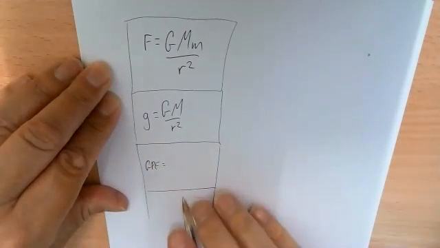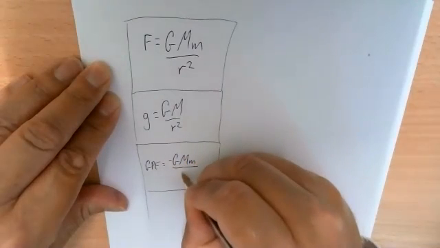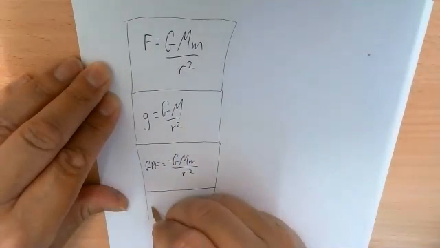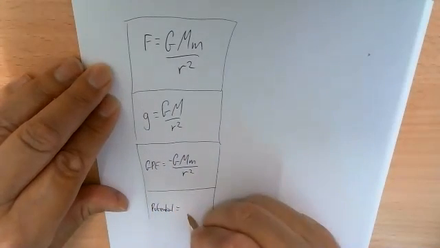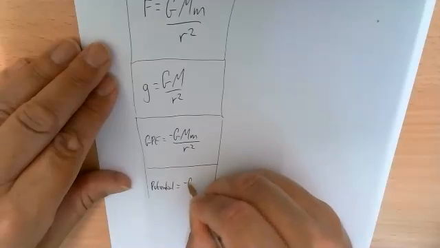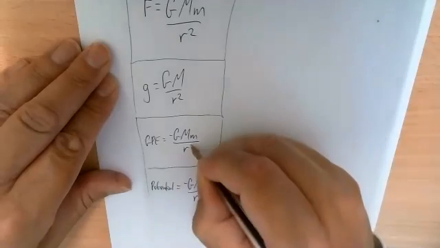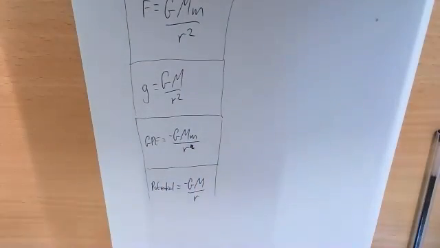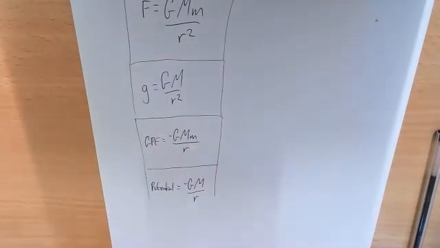The next one that we did earlier on in the week was the gravitational potential energy. That's taking it from infinity to a point of distance r. And the potential, which you don't get very often, but it does come up, is simply the potential energy per unit mass. I've done it again. I'm not concentrating. Must be Friday.